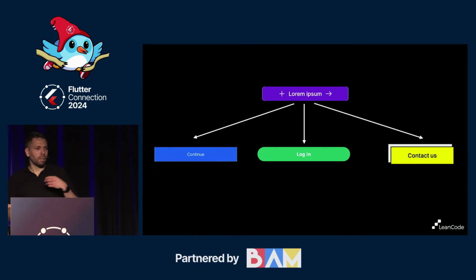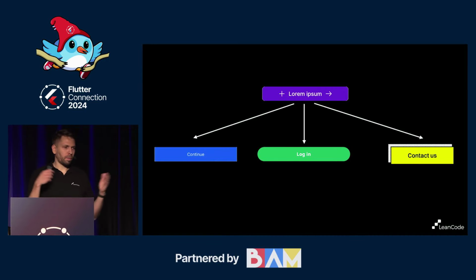Because in the end, you take the base, like for a button, and then you change it to fulfill the project requirements. But we actually found that it's easier to just take this code and modify it than to write it from scratch. With buttons, maybe it's quite simple, but with text fields, as you probably know, it's very hard to take the material and adapt it to your needs.